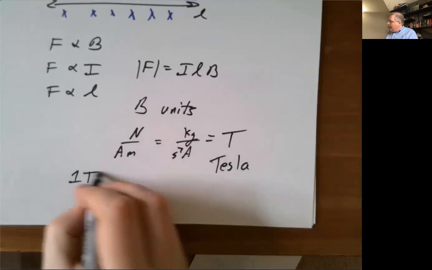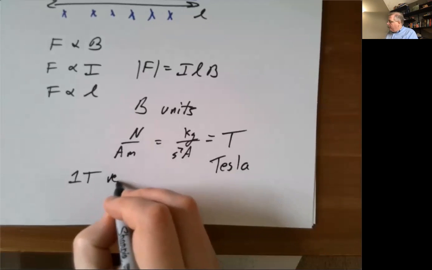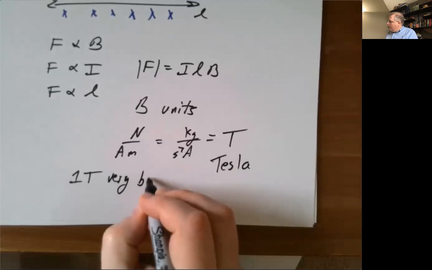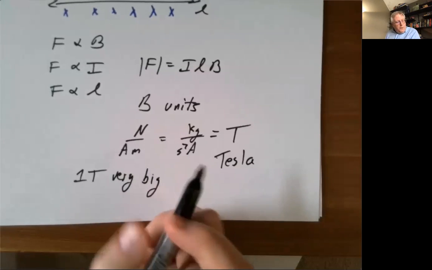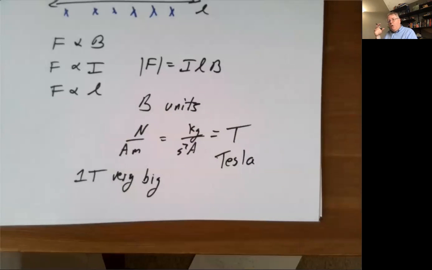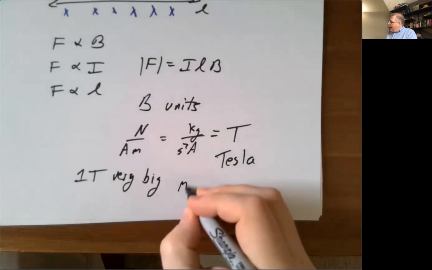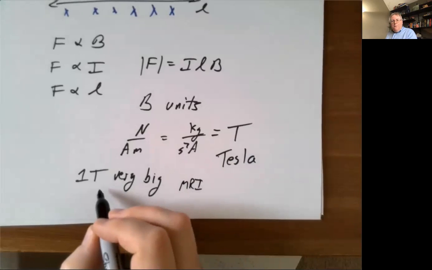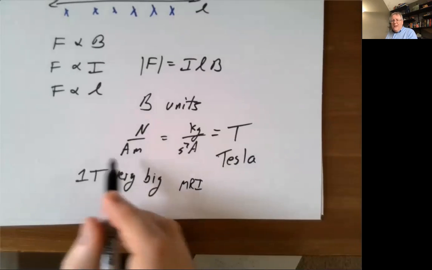So we measure this in Teslas. 1 Tesla is a very big field. It's an extremely large field. 1 Tesla is approximately the field that you will get if you are put into an NMR, an MRI, right? A magnetic resonance imager, the big tube that they slide you in and then take pictures of your insides. An MRI tends to have a magnetic field of about 1 Tesla. This is a really big field.